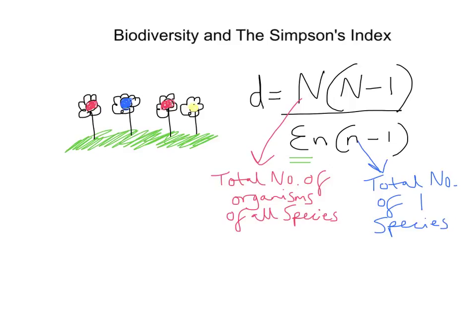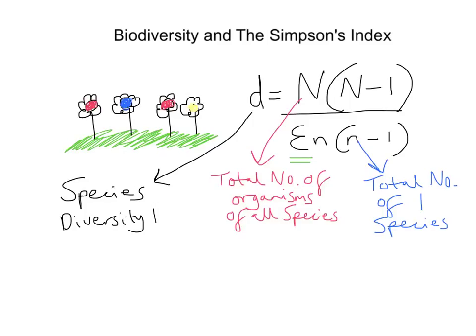So D, the value of D here, is what's called a Species Diversity Index. And we use that as a measure of biodiversity.